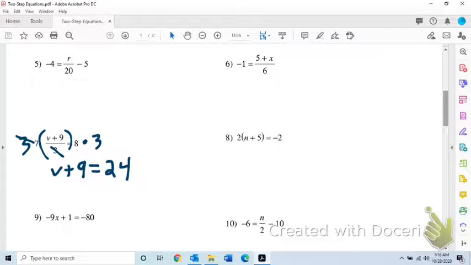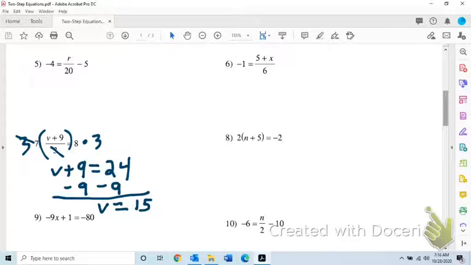So now we have v plus 9 equals 24. Still looking to isolate that v, so we want to subtract 9 from both sides. Because again, it's v plus 9, so we want to use subtraction, the inverse operation. And so we end up with v equals 24 minus 9, which is 15.